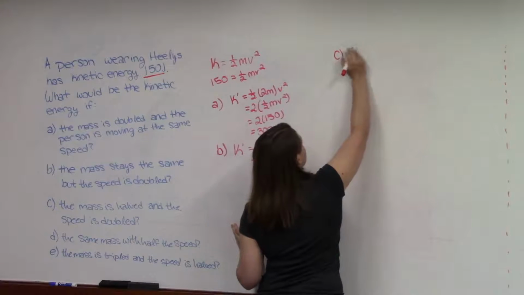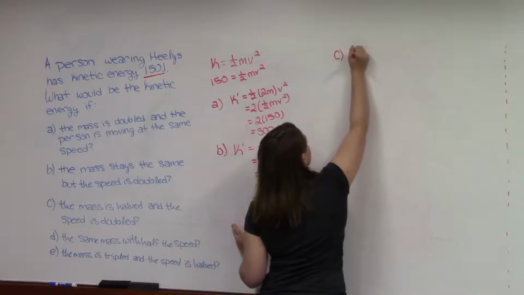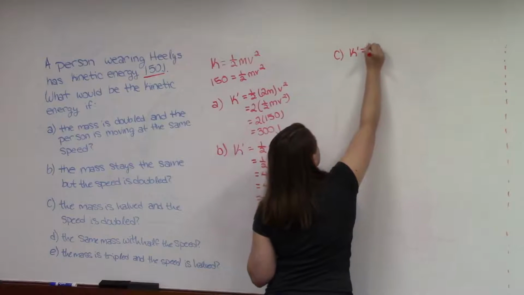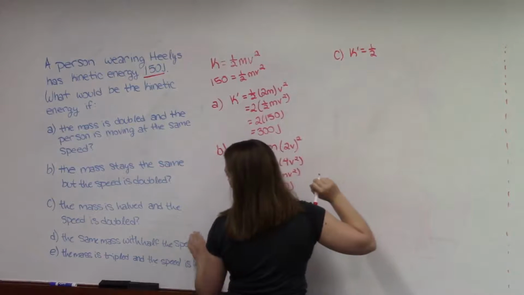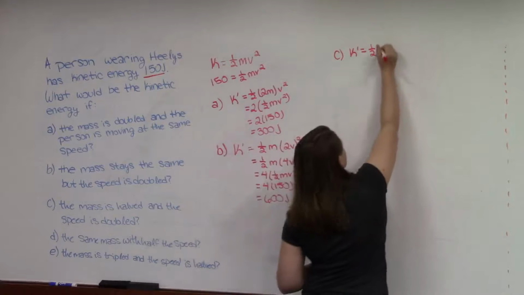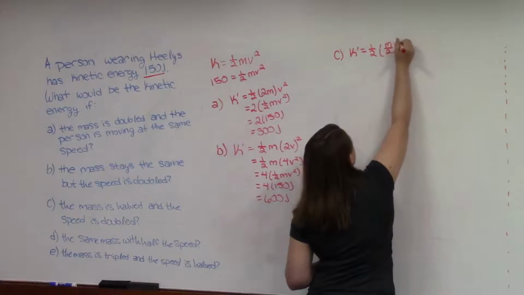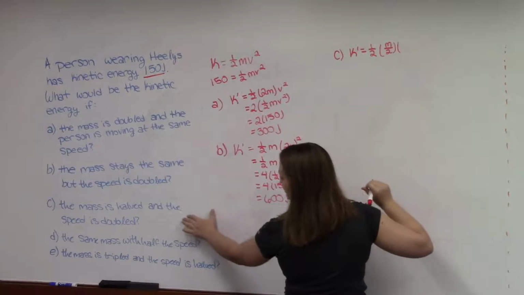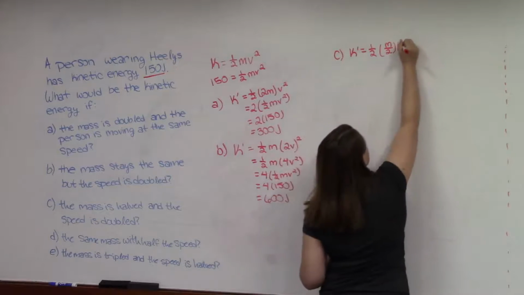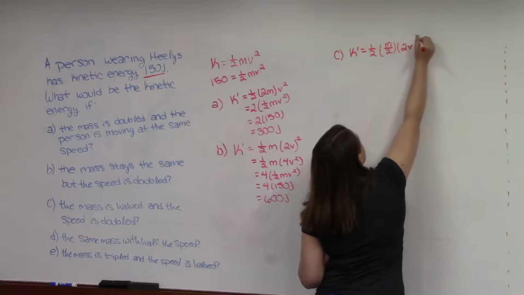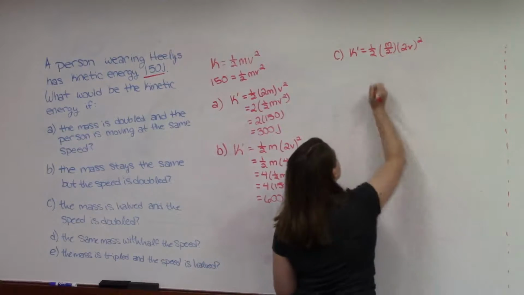We have our new kinetic energy equals 1/2 times half the mass, because our mass is halved, and our speed is doubled, so we're going to have 2v quantity squared.